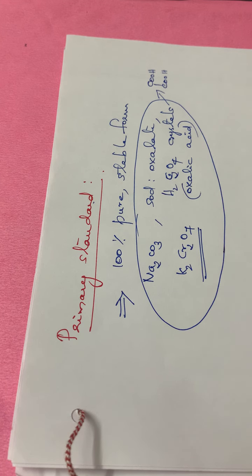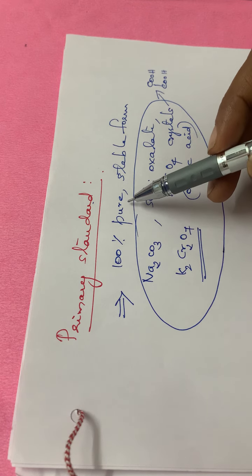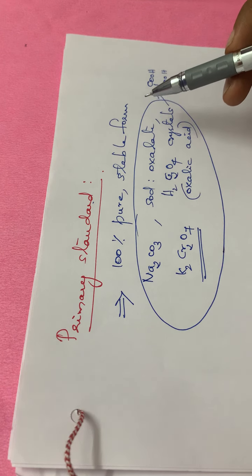That means these primary standards should have some essential requirements, or specific characteristics. The first point is that it should be 100% pure and in a stable form.